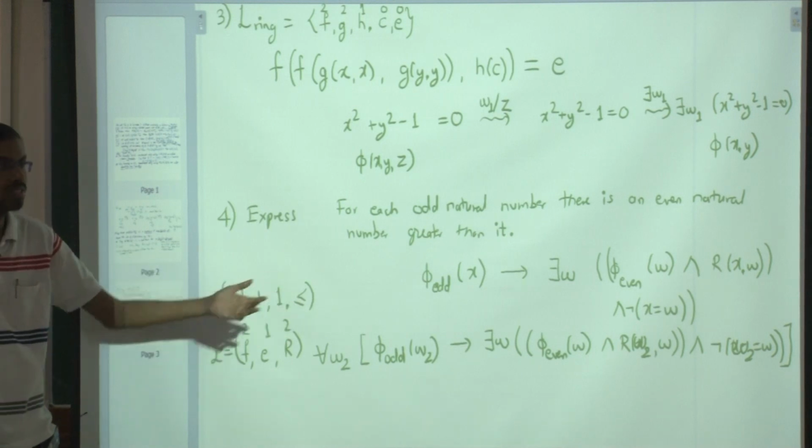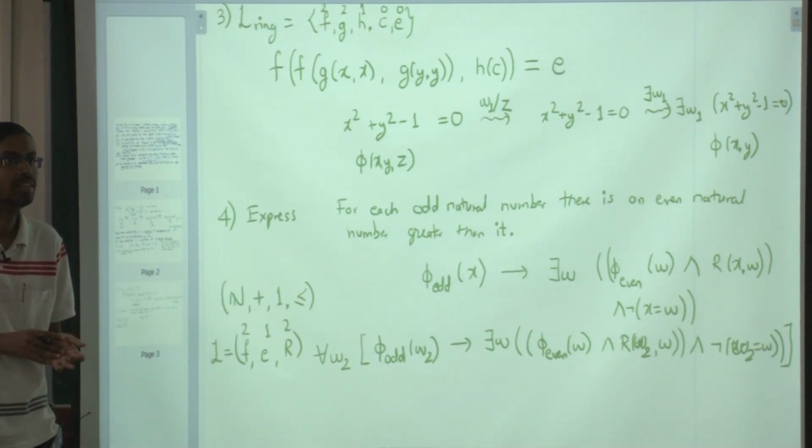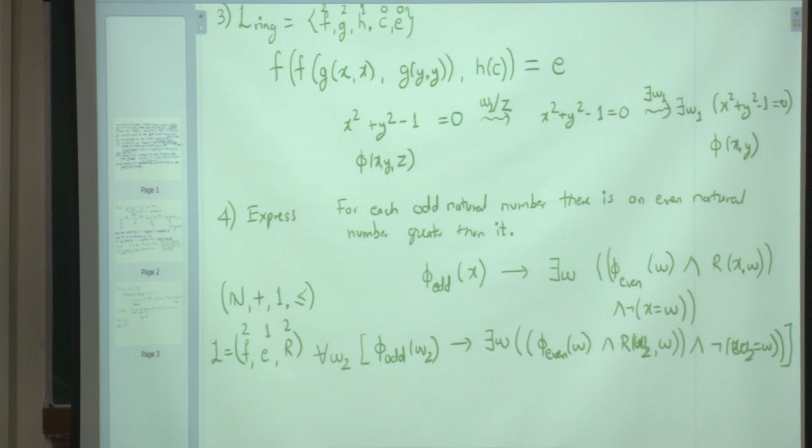Now tell me what is phi even. So what is phi even Z? Let's use W3 now. For which f of W3 comma W3 is equal to Z. Very good.